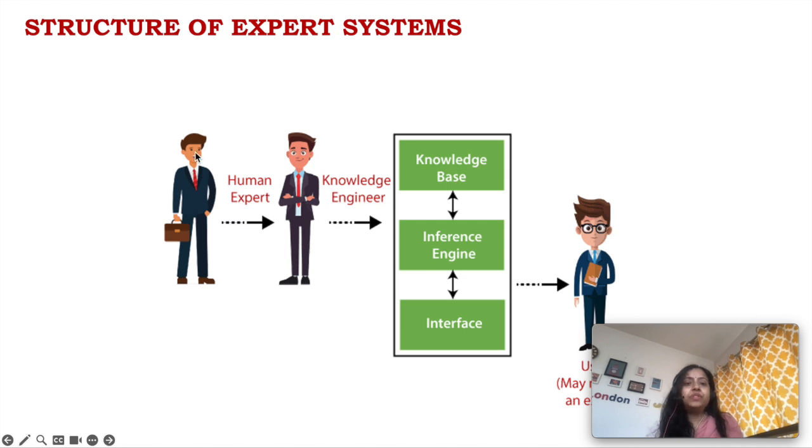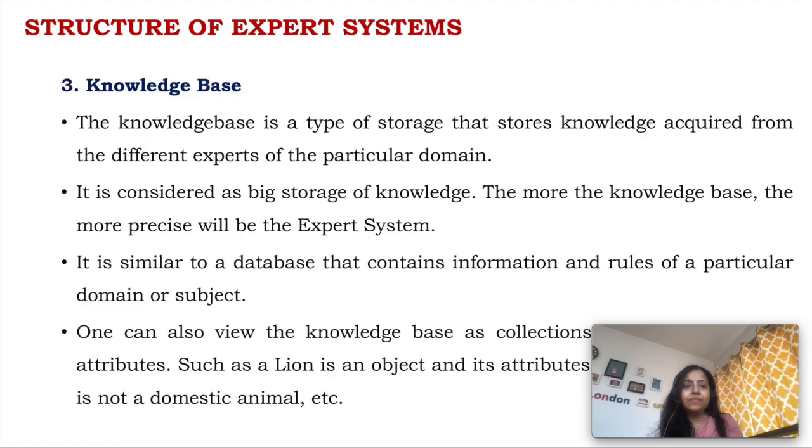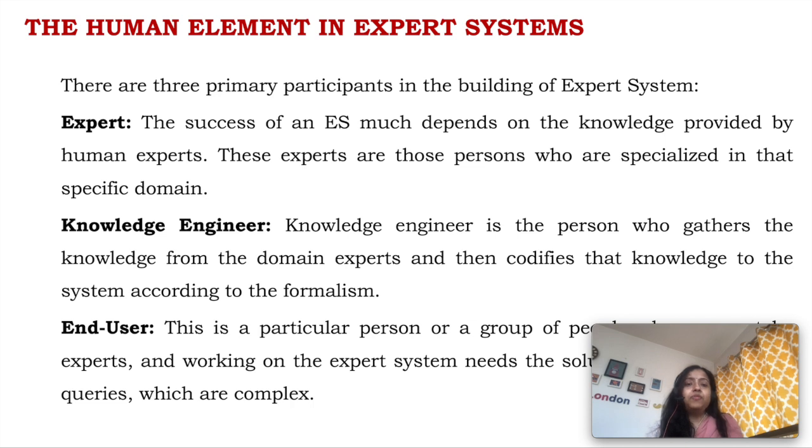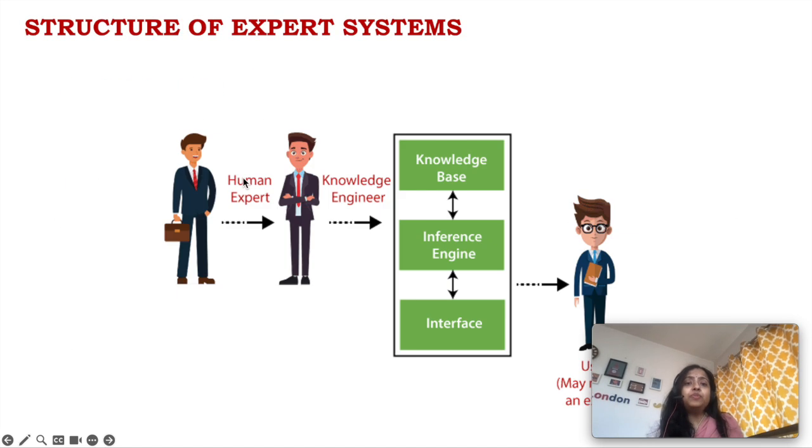Let us go into depth and see what roles and responsibilities are carried out by each. First, we come to the expert. Who is the expert here? The leftmost person who is standing here as a human expert.